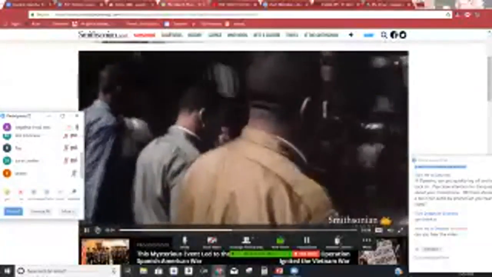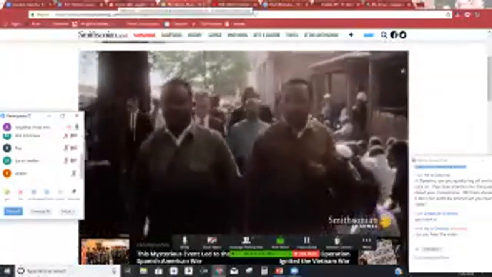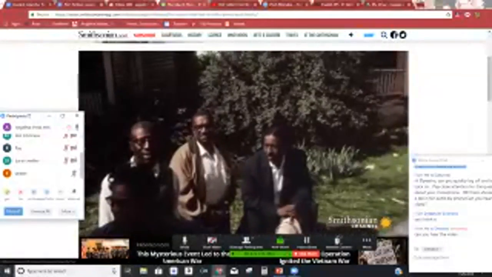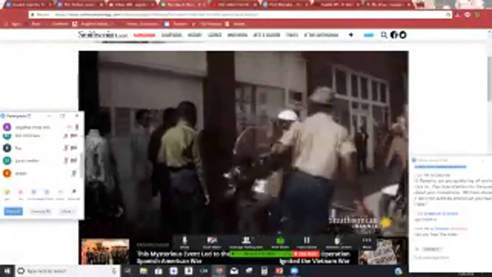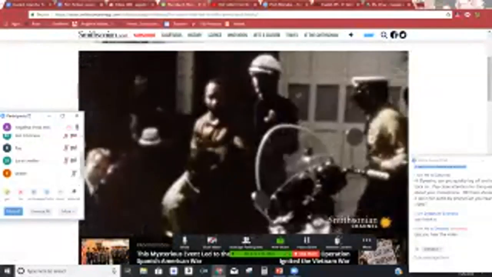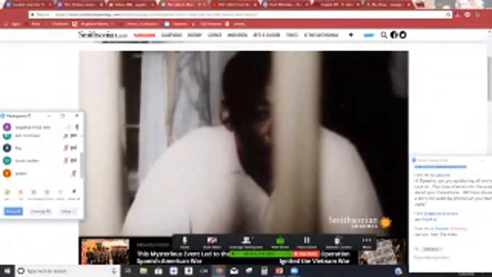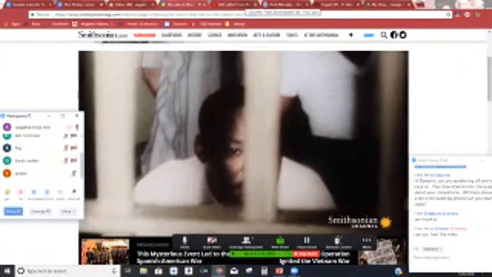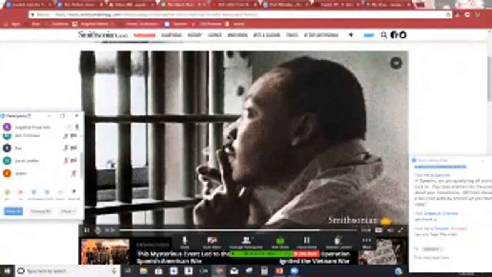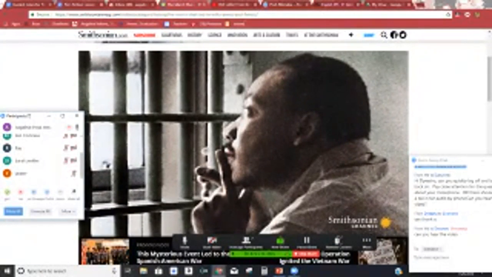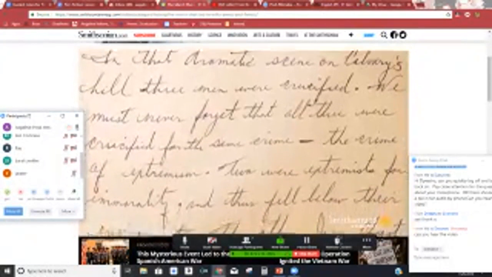Martin Luther King Jr. and Ralph Abernathy lead a march from the 16th Street Baptist Church. They are arrested. It is here that King pens his now celebrated letter from Birmingham jail, defending the resistance of African Americans. In solitary confinement, he writes, "Injustice anywhere is a threat to justice everywhere." The letter becomes a touchstone for the civil rights movement.